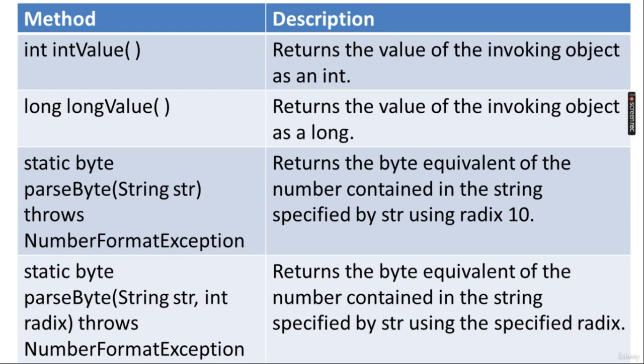Static byte parseByte(String str) throws NumberFormatException returns the byte equivalent of the number contained in the string specified by str using radix 10. Static byte parseByte(String str, int radix) throws NumberFormatException returns the byte equivalent of the number contained in the string specified by str using the specified radix.